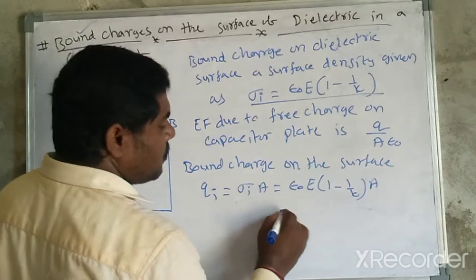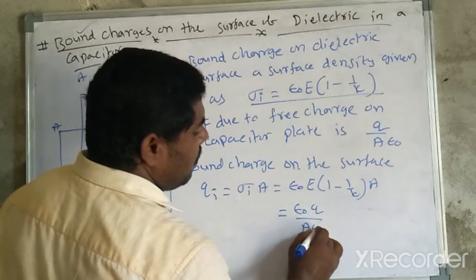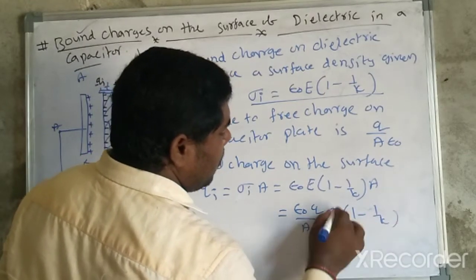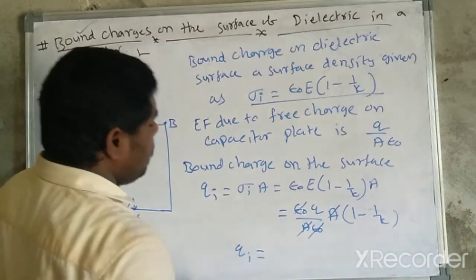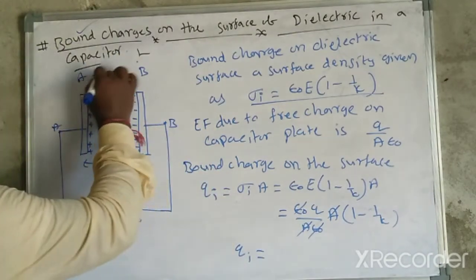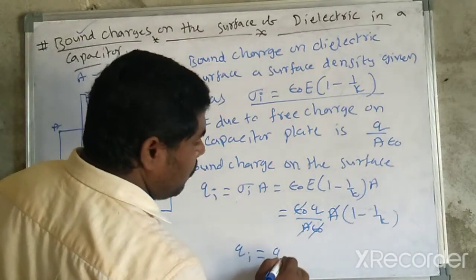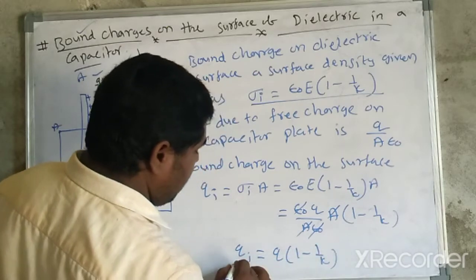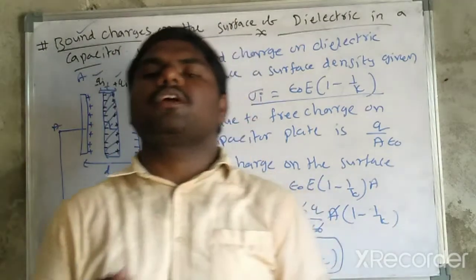Substitute the electric field value also: Q divided by A epsilon naught, into epsilon naught into A into (1 minus 1 by K). A cancels, epsilon cancels. This is the bound charge: Qi is equal to Q into (1 minus 1 by K). This formula is very important while doing numerical parts.